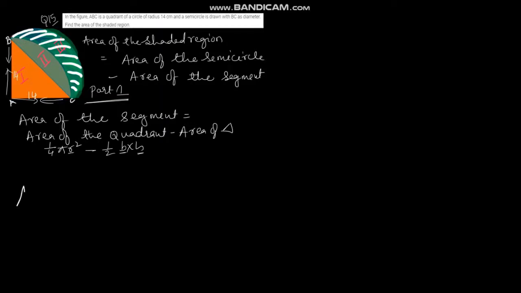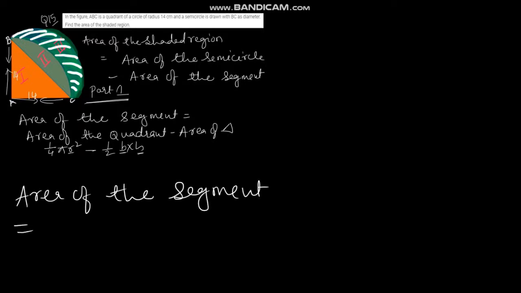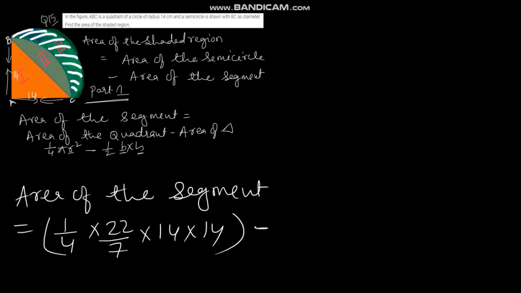So area of the segment will be equal to, see, area of the quadrant means 1 by 4 into 22 by 7 into 14 into 14.